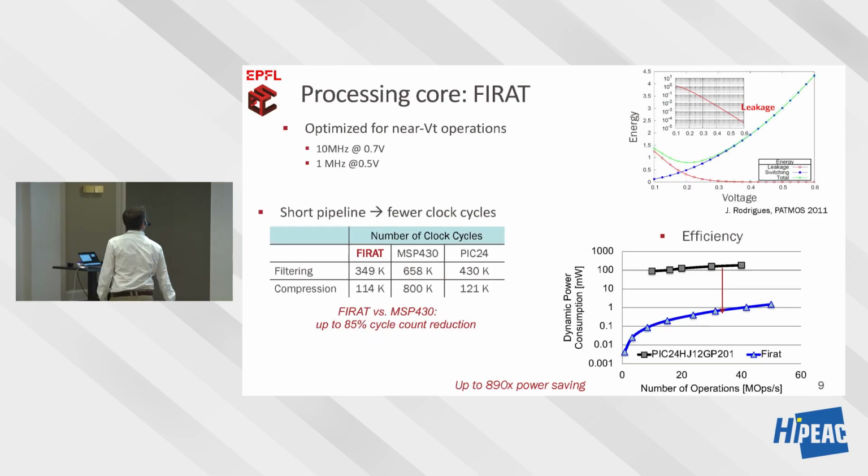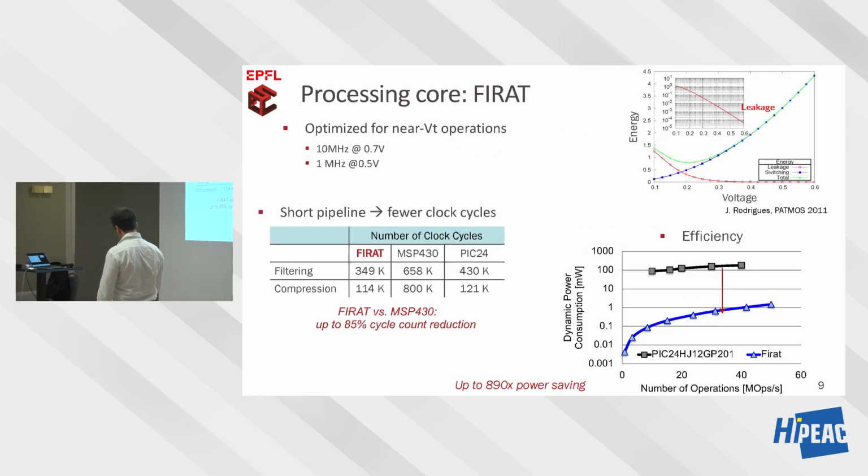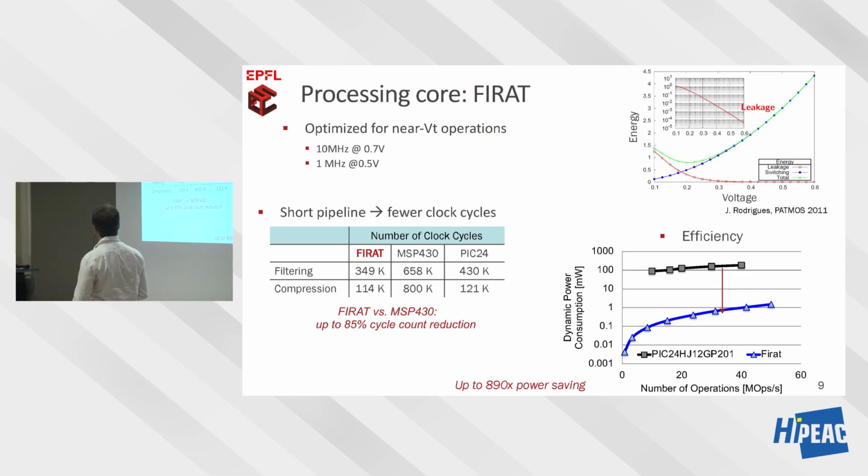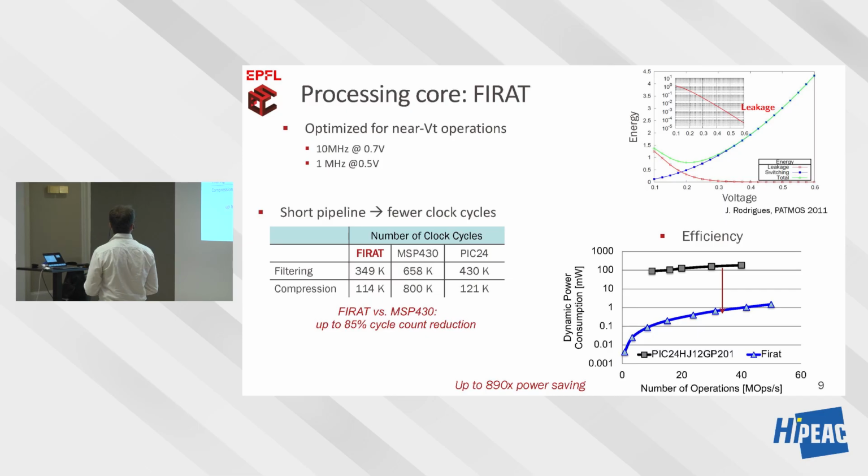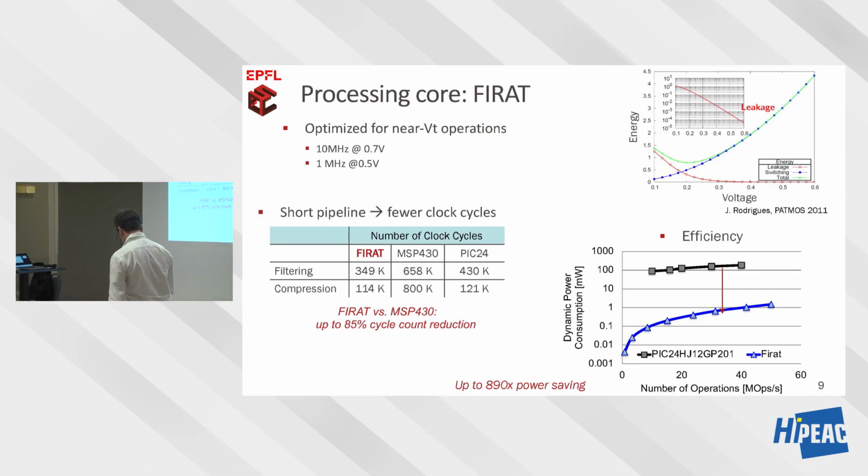So, what he achieved was a design which scaled pretty well in the range of ultra-low power applications from 10 megahertz to 1 megahertz, working at voltages which were pretty low, from 0.7 to 0.5 volts.